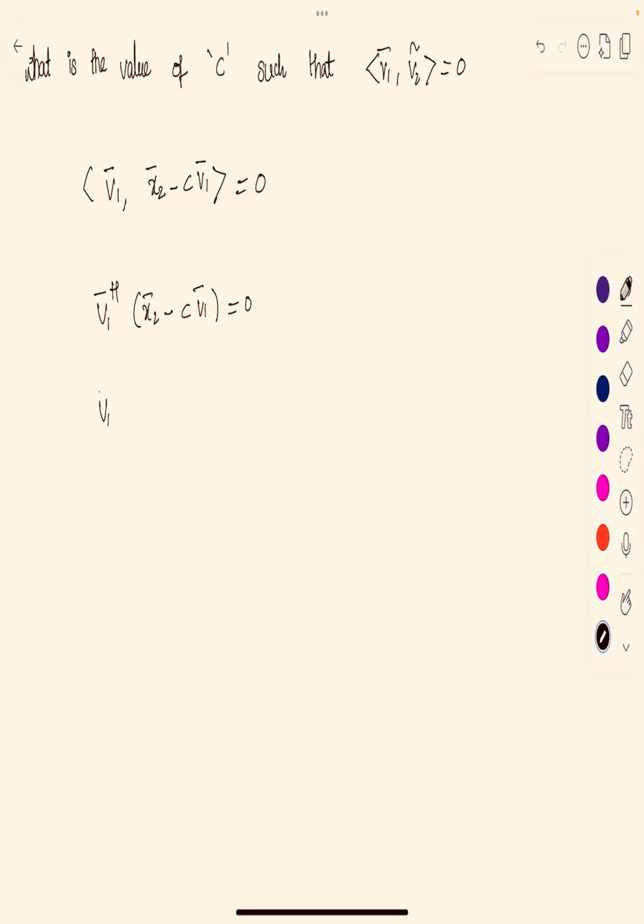This is actually v1 Hermitian x2 bar minus c v1 Hermitian v1 equal to 0. This will give us c equals v1 Hermitian x2 bar divided by norm of v1 squared.